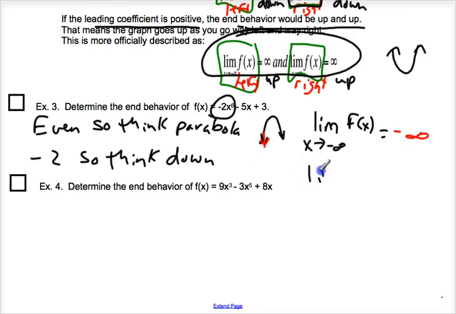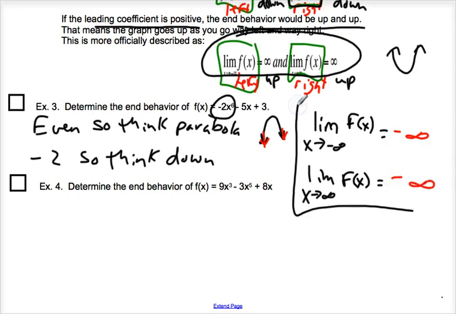Then you write limit, as x goes to +infinity of f of x. Always write that same thing. That means I'm looking at the right. That would also be -infinity. And that's how you describe end behavior like a professional. In your book, it would simply say down and down. -infinity and -infinity is down and down.